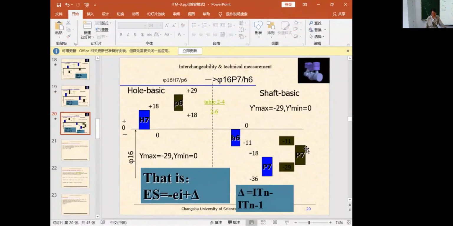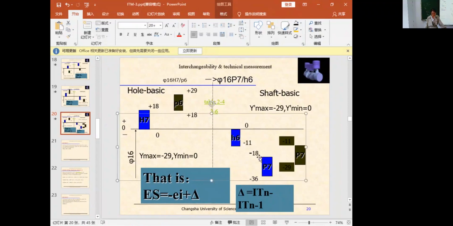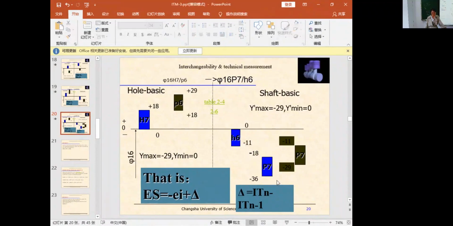When you don't add the delta, so you use this one, right? Can you calculate this one and this one, the blue tolerance, to calculate its maximum interference and minimal interference?